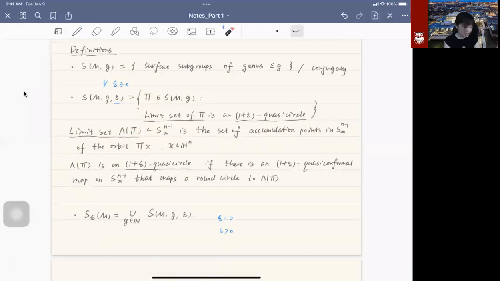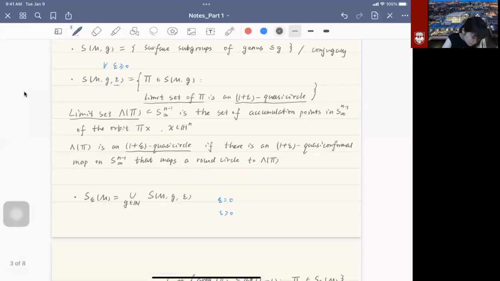And secondly, we say the limit set is a 1 plus epsilon quasi-circle if there's a 1 plus epsilon quasi-conformal map that sends the round circle to the limit set. To help you understand, I can draw the picture. Suppose we have this hyperbolic ball, and initially we can take the round circle.